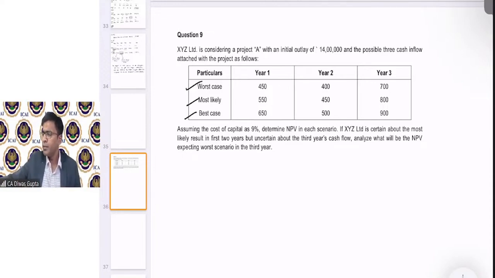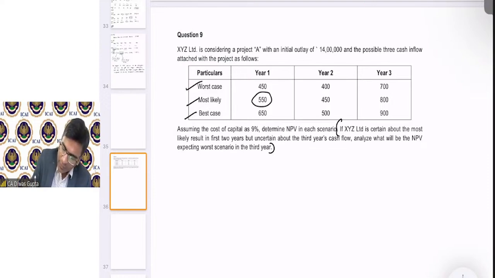Okay, students. Then if XYZ Limited is certain about the most likely result in the first 2 years, but uncertain about the third year's cash flow, what will be the NPV expecting the worst scenario in the third year? So the second part of the question is a bit different. It says that for the first 2 years, the most likely result is likely to come.